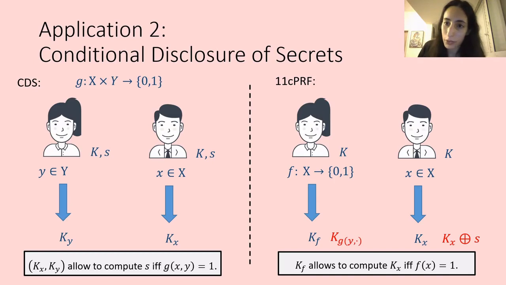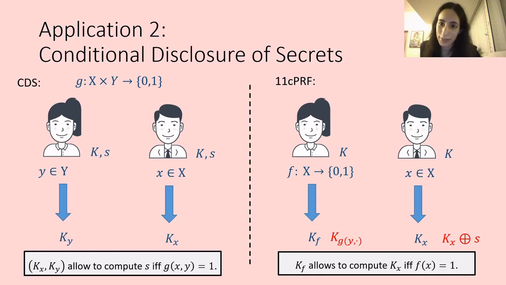But on the other hand, if the value of g of x and y equals 0, then k sub x looks uniform, even given the value that was received from Alice. And therefore, the value that was received from Bob is also completely masked by k sub x, and in particular, it hides S.